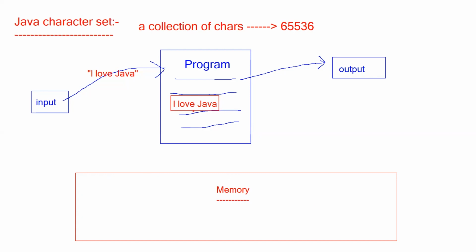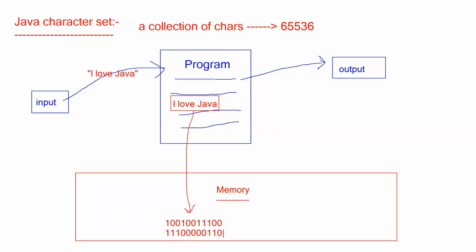"I love Java" is a data or a text. It has to store it in the memory. In which format does it store it? Let us assume that any data is stored in computer memory in binary form.